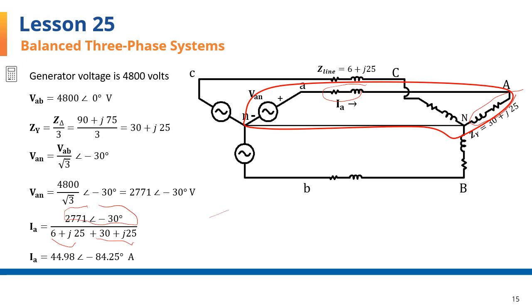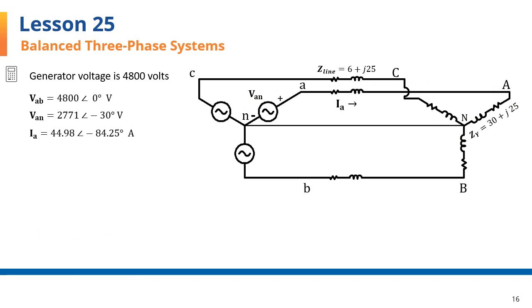And that answer comes to 44.98 amperes with negative 84.25 degrees of phase angle. I will summarize the essential answers that we have found so far on the next slide. And here they are. VAB was given, VAN was calculated, and IA was calculated following that.